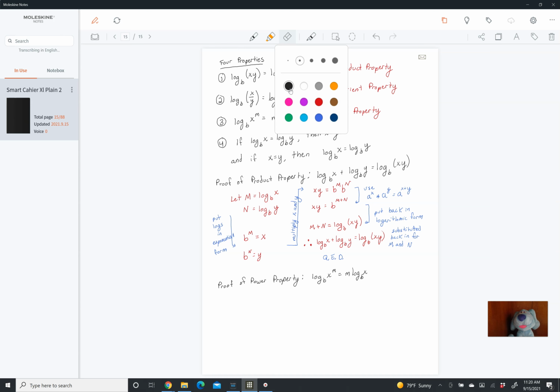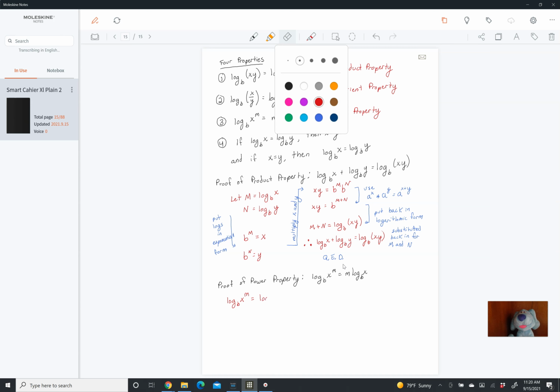What we're going to do is use the definition of exponents in this one, because we have x to the m. So all we're going to do is expand this. That's how we're going to start. So log base b of x to the m, and here again we're trying to make the left side look like the right side. That's what we do in our proofs.